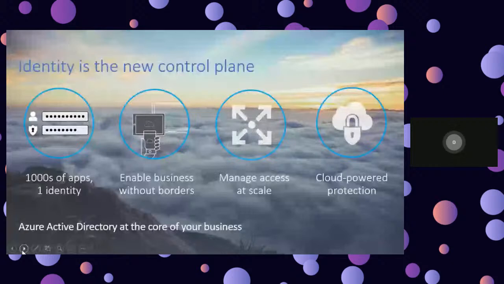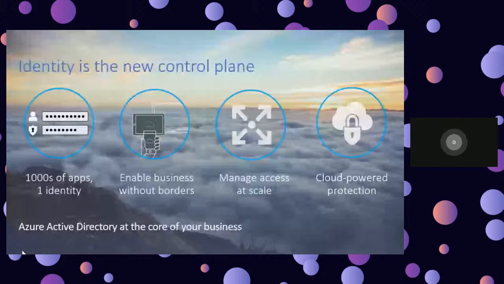How do you manage this at scale? You might do business with several organizations or a specific partner, and how do you protect that business? That's why the directory system sits there.